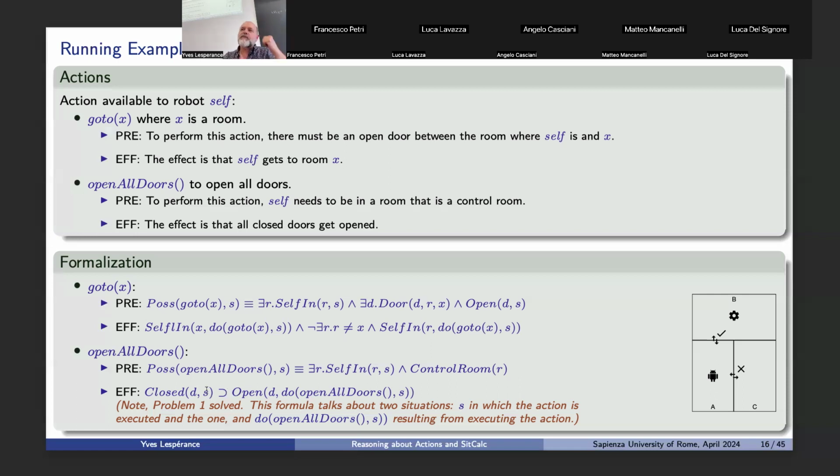S is prior to the action, and do open all doors S is after the action. So you can talk about both the situation before the action and the situation after the action.